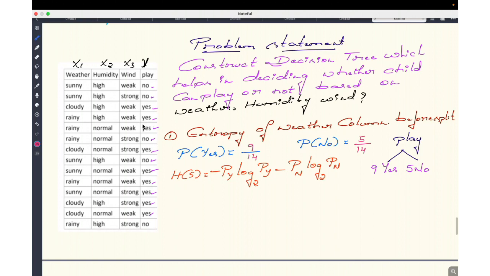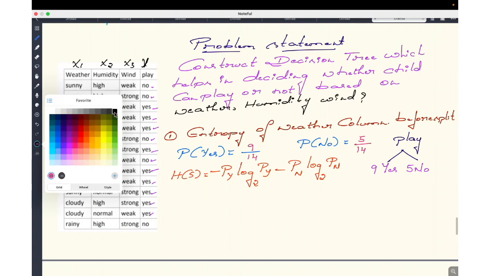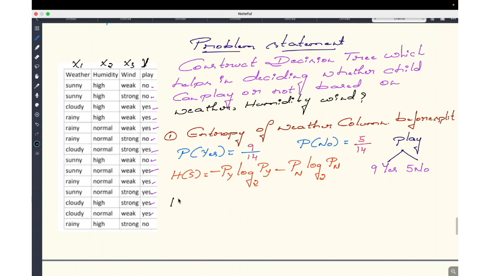Now just go and substitute. So H of S is going to be minus 9 by 14 log base 2 9 by 14, minus 5 by 14 log base 2 5 by 14.